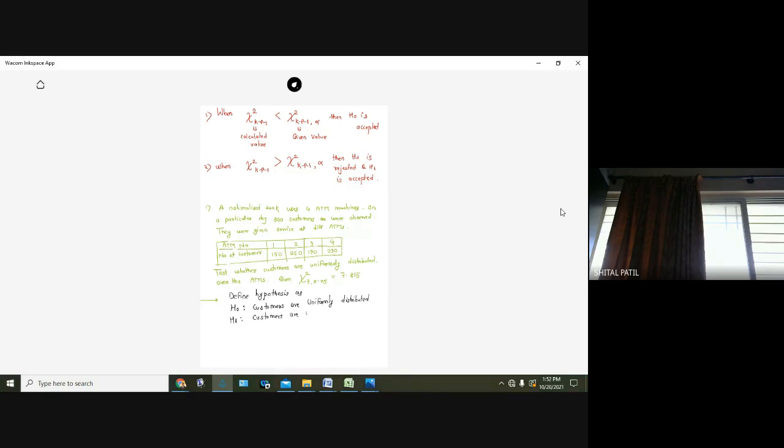Customers are not uniformly distributed over different ATMs. Okay.